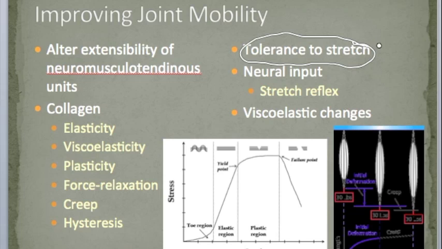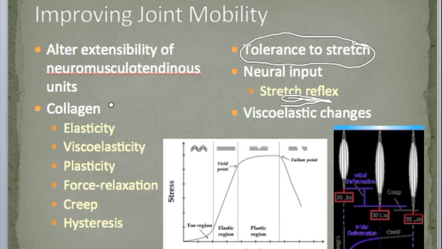You may just be improving somebody's tolerance to what stretching feels like. So you get into that neural input, you can kind of fatigue out the stretch reflex so that it stops reacting so strongly. And that improves somebody's joint mobility, not because you actually changed the length of the tissue at all, but because they're more tolerant to the stretch.